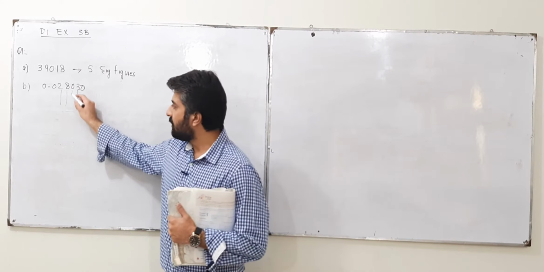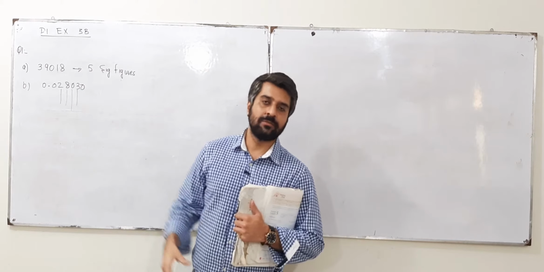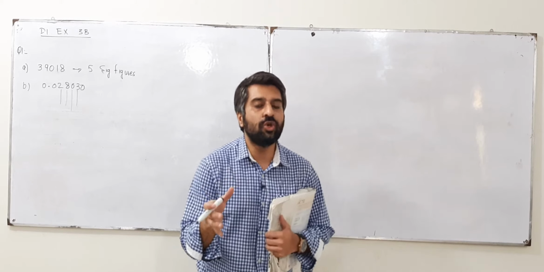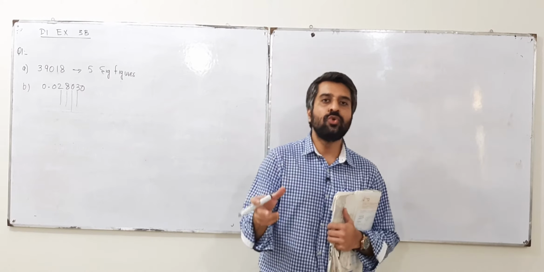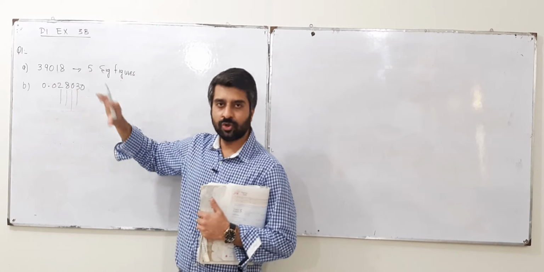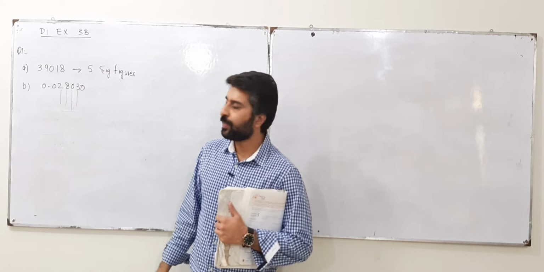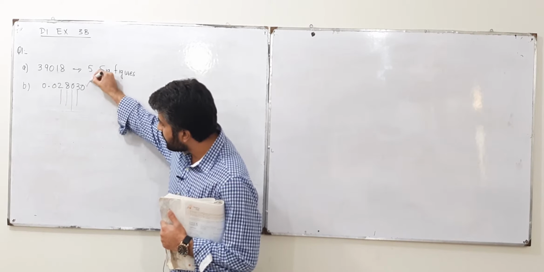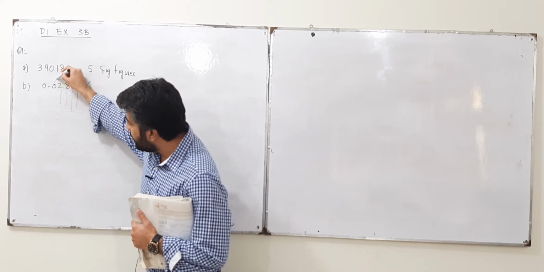This 0 is also significant because it is secured between two non-zero numbers. When a 0 is between two non-zero numbers, it is between 8 and 3, so it is significant. You have to decide for this one and you have to decide for these zeros.